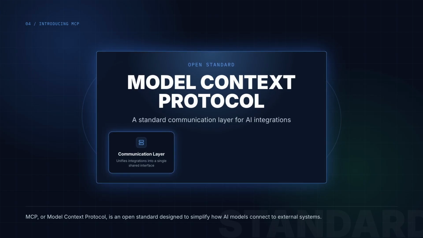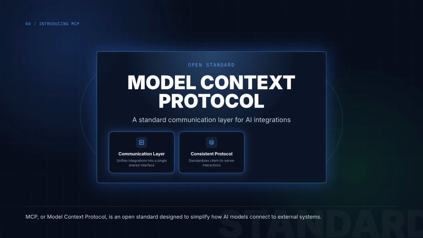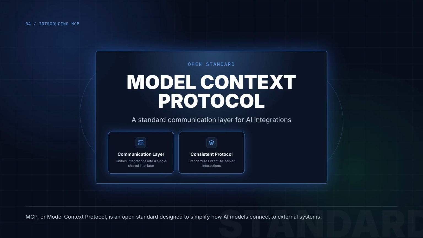An AI app can speak MCP, an external system can expose an MCP server, and the two sides can communicate through a consistent protocol. That means the model does not need a custom one-off bridge for every destination. It gets a common way to discover capabilities, request information, and call approved actions. MCP turns integration from a product-specific problem into a protocol-level pattern.